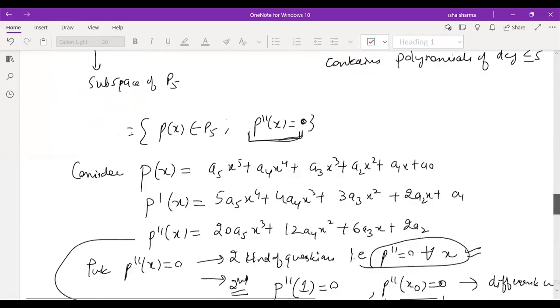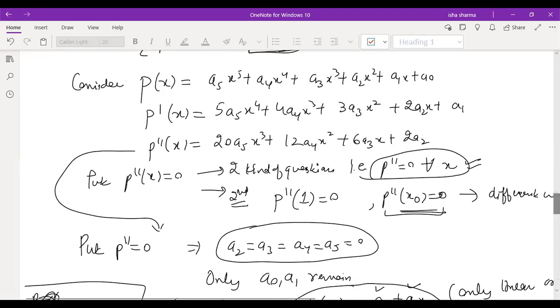Okay, T double dash 0. Because it was given to you that tx is a polynomial of degree 5, because basically you are in the space C5, whose second derivative is 0. So if I ask you what are those polynomials whose second derivative is becoming 0, you will say linear, because after linear, when you do the second order derivative, it starts becoming 0.